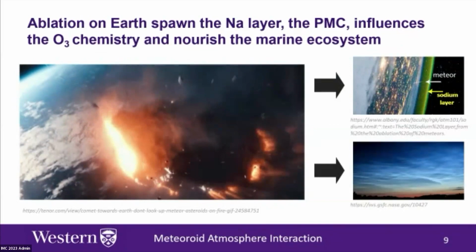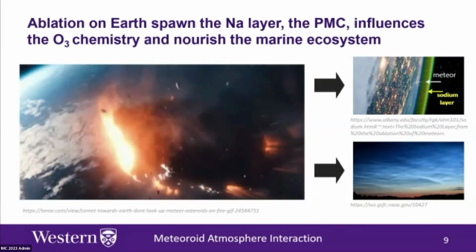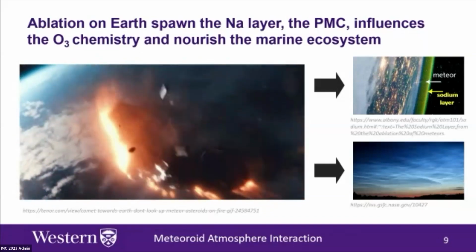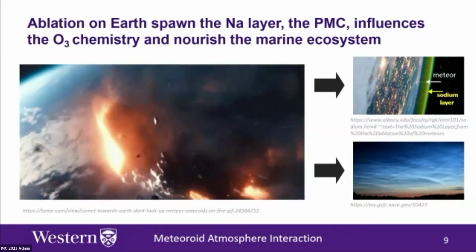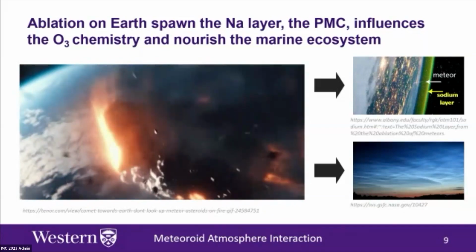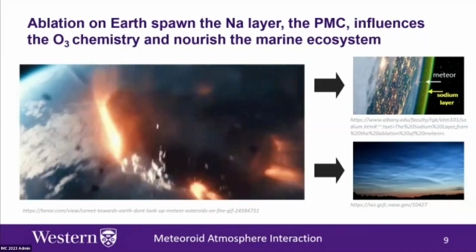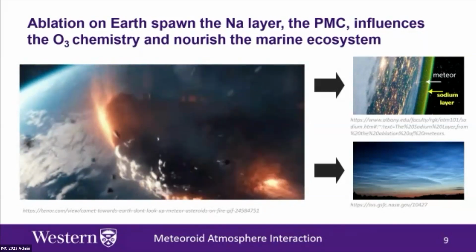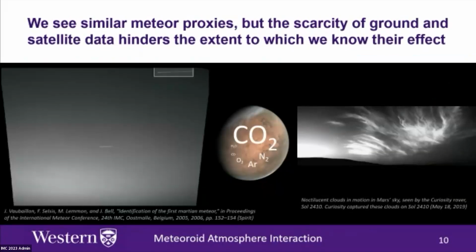These are the ones that you can see in the northern side of our world. And in general, they also influence the ozone chemistry. And some even speculate that this material that happens to fall onto the sea nourishes the marine ecosystem. So in a way, they are constantly interacting with our atmosphere, and it seems to have a vast importance for our planet.